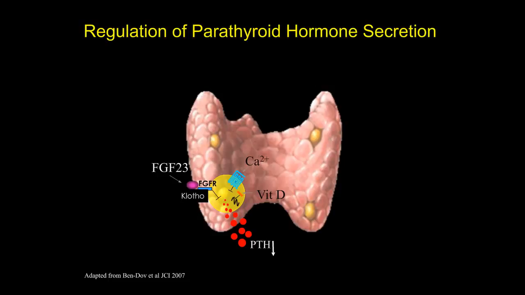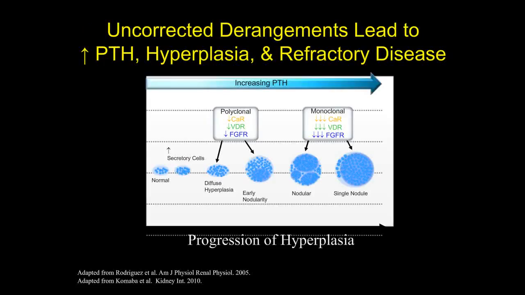And we also know that FGF23 will combine with its receptor and co-localize with klotho, which also has an inhibitory effect on parathyroid hormone. So most of the factors regulating PTH have to do with inhibition of its production and release.